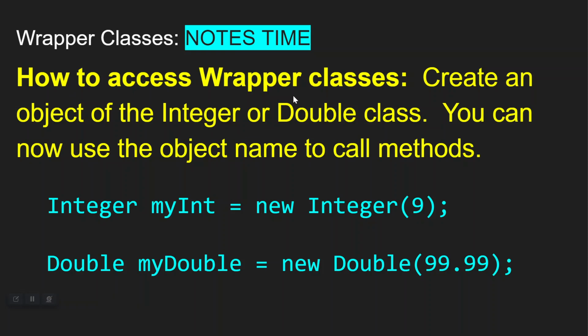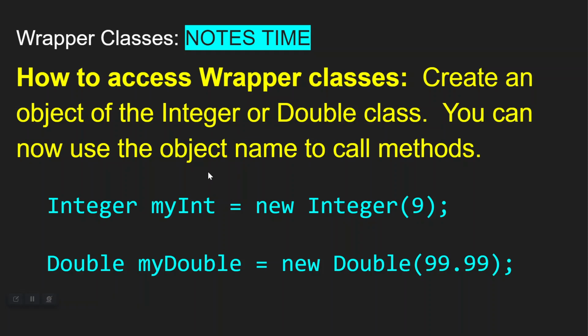So how do we access the wrapper class? Basically, you just create an object of the Integer or Double class. Once you create those objects, you can use the object name to call different methods.